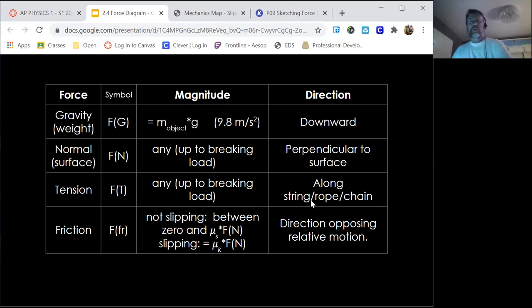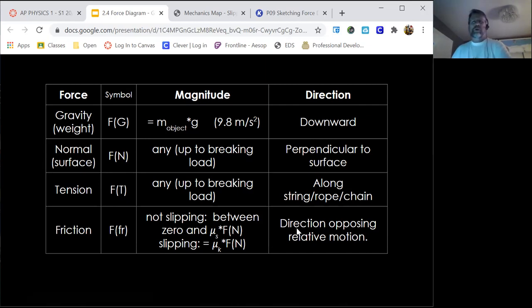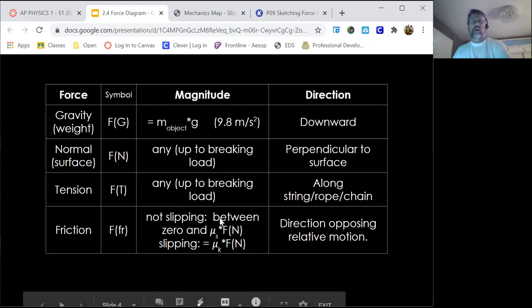If we have any ropes or chains or string or cables or anything like that, that will have a tension force, which is going to be a big part of Friday's discussion. And then if there's any opportunity for this object to move, there will be friction opposing the direction of motion, okay? And here we see more equations. Right now, we're just worried about the drawings.